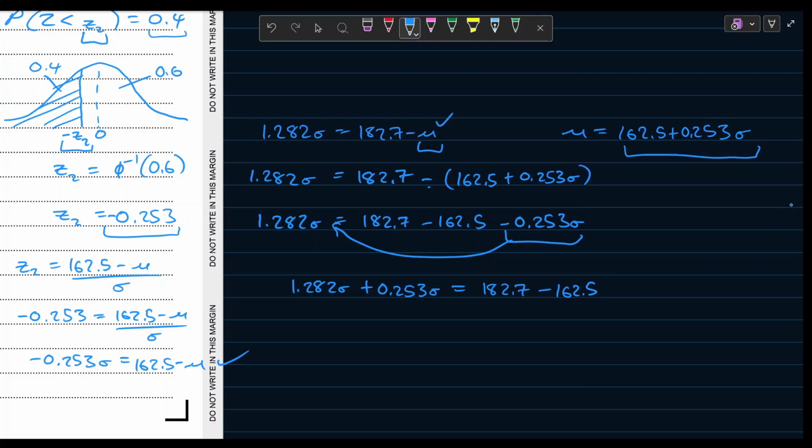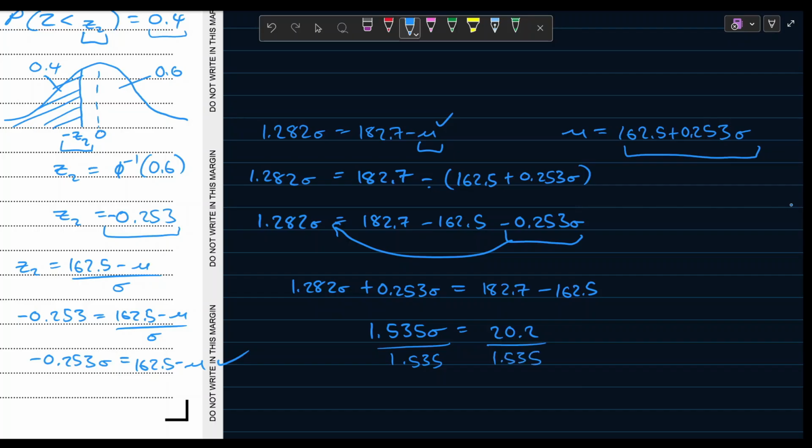That gives us 1.535 sigma is equal to 182.7 minus 162.5. And this gives us 20.2. Divide both sides by 1.535.